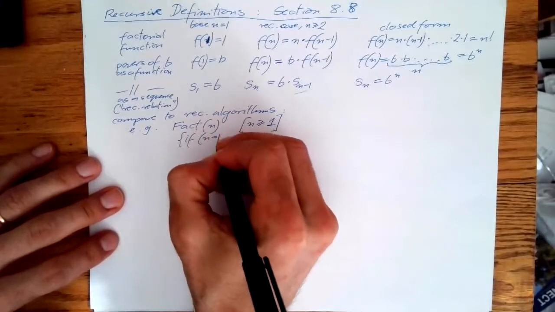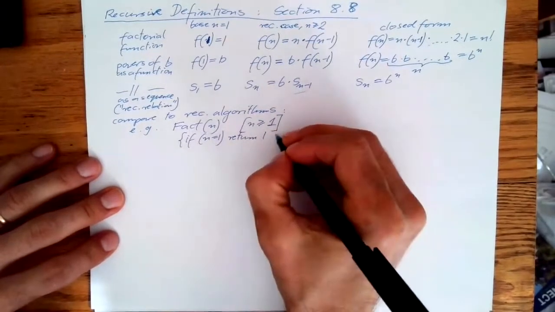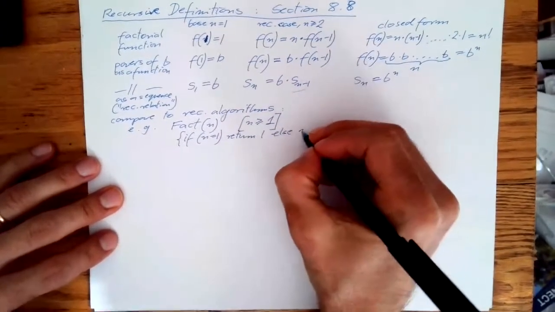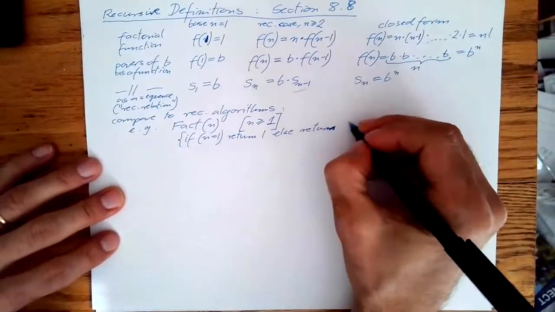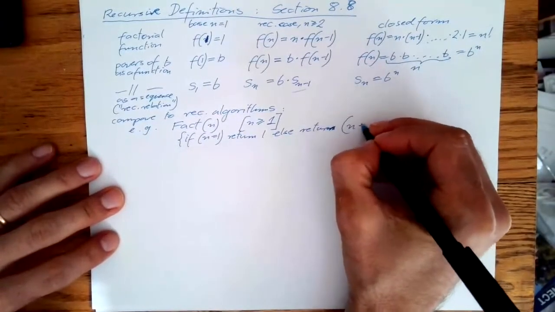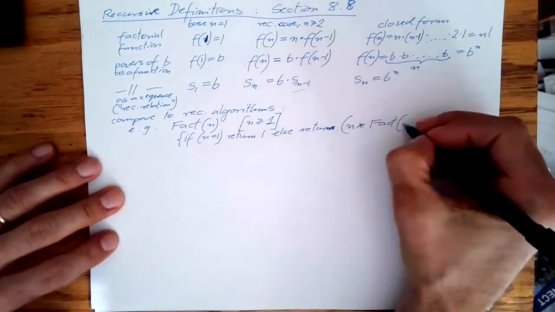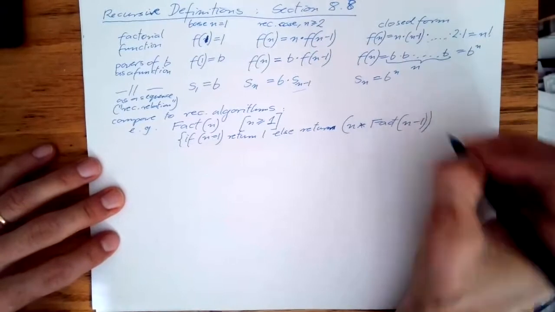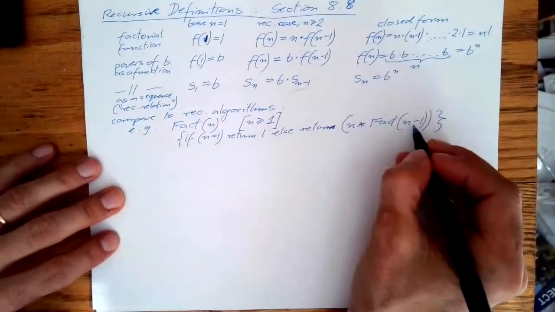If n is the base case, return 1, and else return n times the algorithm recursively called on one smaller value, on the same input decremented.